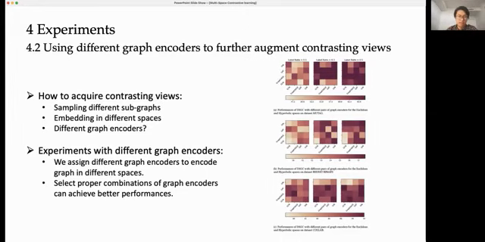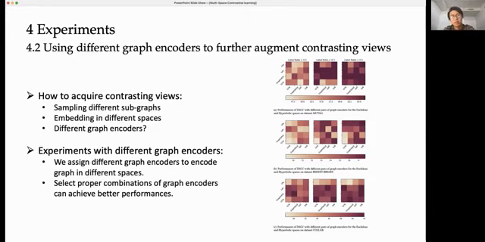We then study the proposed method collaborating with different graph encoders for different embedding spaces to verify if it's feasible to use different graph encoders to further augment contrasting views to improve performances.